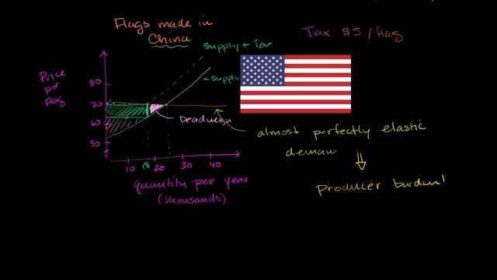Especially if the demand curve is perfectly elastic and perfectly horizontal, there is no area between the demand curve and the price paid. So there isn't any consumer surplus to eat into. It all gets eaten out of the producer surplus.